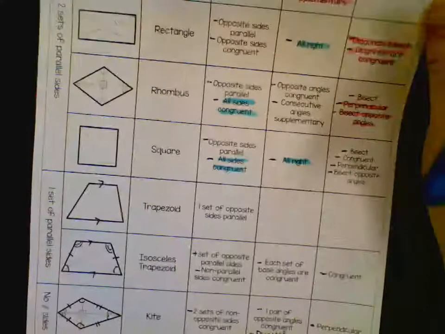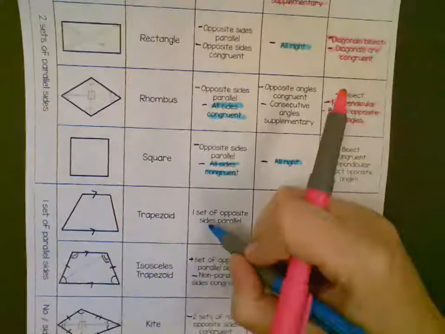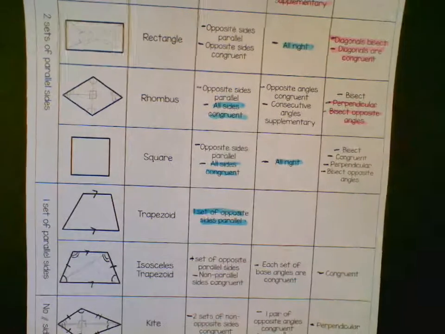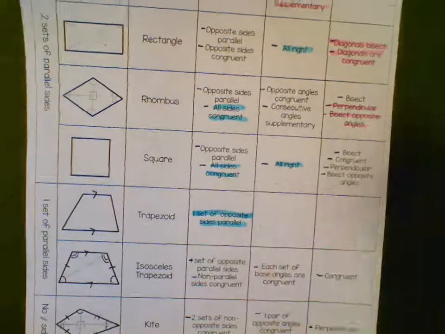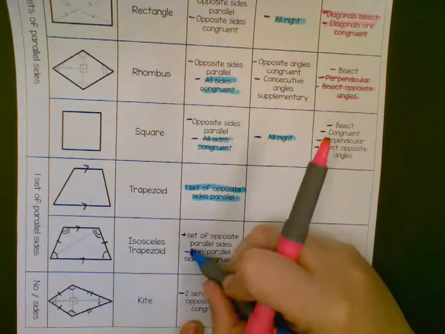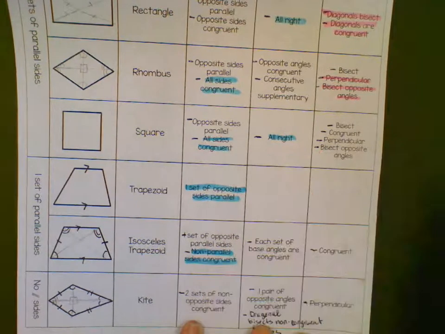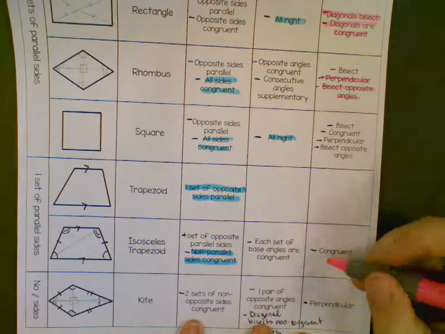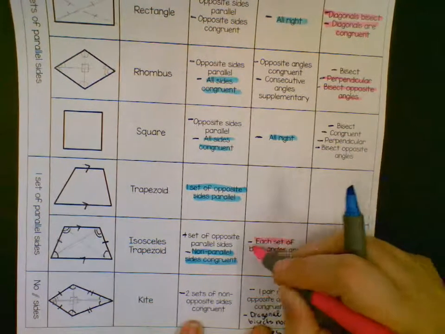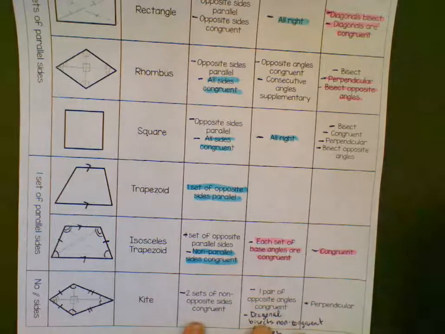Okay. So the definition of a trapezoid, one set of opposite sides parallel. And that's all we got. Poor lonely trapezoid's got nothing special about it. So the definition of an isosceles trapezoid is that it has those non-parallel sides congruent. And the special things about it are that it has congruent diagonals, and then those base angles are congruent.